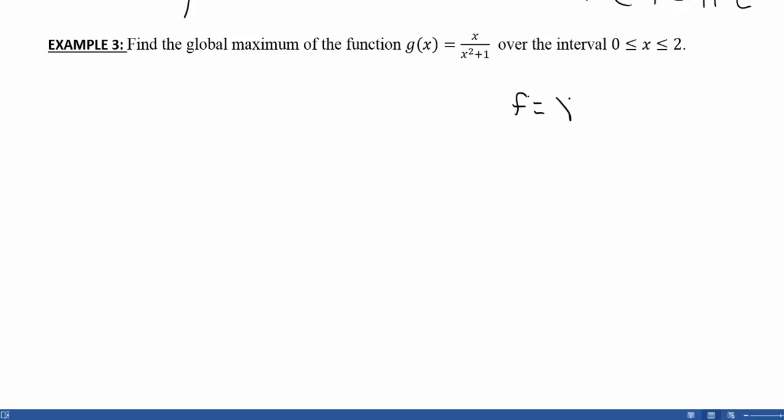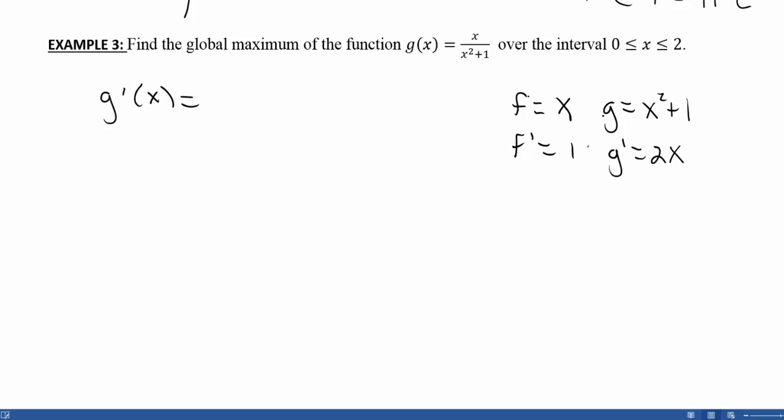So my top function is going to be my f, and my bottom function will be my g. Now I need to find each of their respective derivatives, and I can plug that all into the quotient rule to get my first derivative of g. So I'm going to do f prime times g, so 1 times x squared plus 1 minus f times g prime, so x times 2x is 2x squared, all divided by g squared.